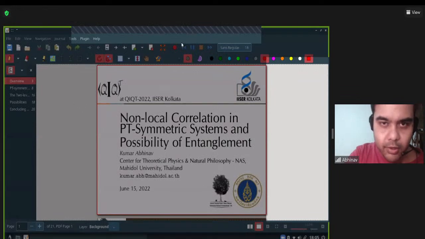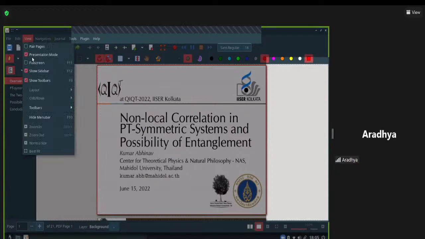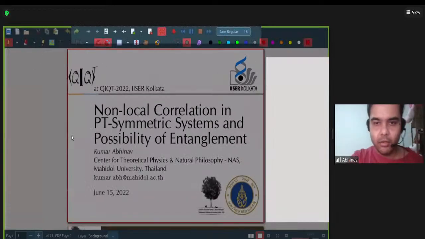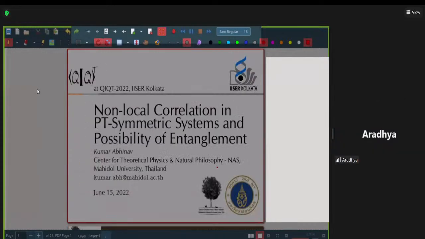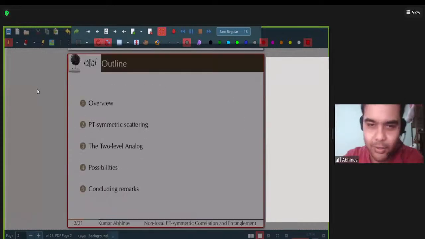Is it very small that I'm asking? No, it's okay, go ahead. I think it's okay, so I can go to full screen. What is happening? Sorry, there is some problem with the key.